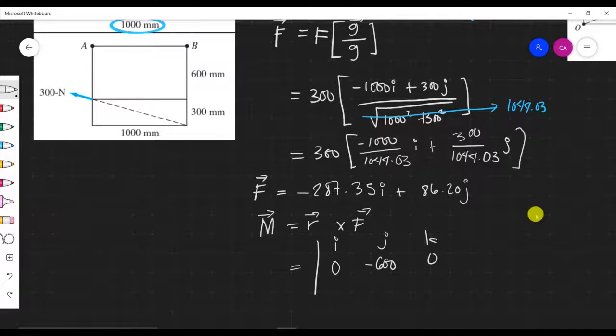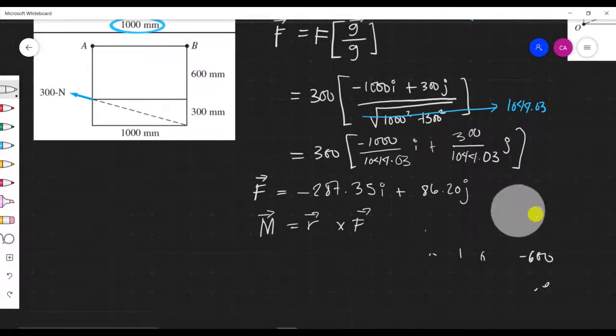Then negative 287.35, 86.20, 0. Then, kopyahin mo lang yung I, kopyahin mo yung J. Ayusin ko lang, naulitin ko lang. Pero yun yan. Kung nasulat nyo na, ulitin ko lang.